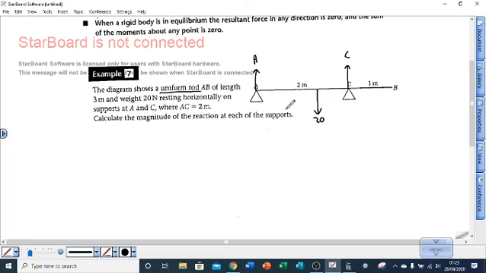Now, the beauty about taking moments is you can choose it anywhere you want along this beam. You could choose it away from it, but if you choose one of the support points, it gets rid of that force, because if I choose to take moments about A, that force is acting straight through the fulcrum, the pivot point, and therefore there's no perpendicular distance, so it's zero.